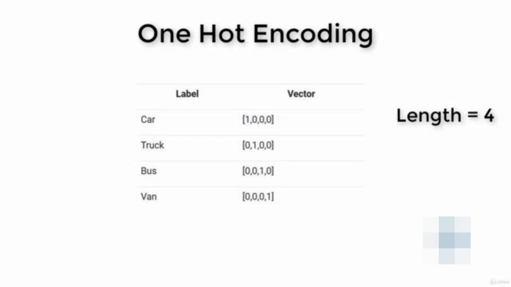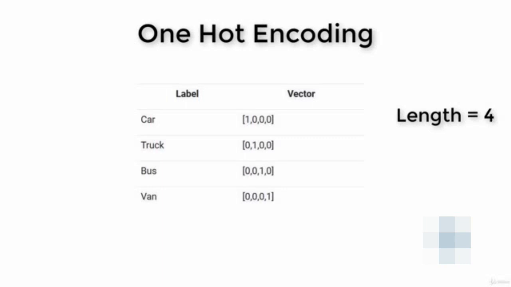The one is the first element for car, second for truck, and third for bus. The new fourth element for each of our existing categories is just a 0 since this fourth element corresponds to the van category. Finally, the new one-hot encoded vector for the van category is all zeros except for the fourth element, which is a 1, since the fourth element corresponds to the van category.